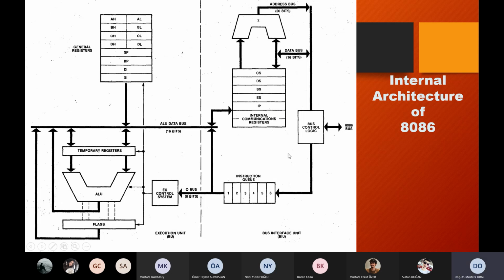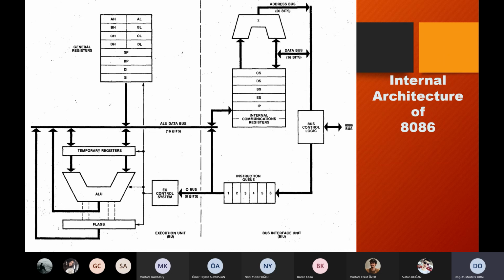The bus interface unit will produce the necessary address to get the opcode from RAM, and the opcode will be decoded in the execution unit.